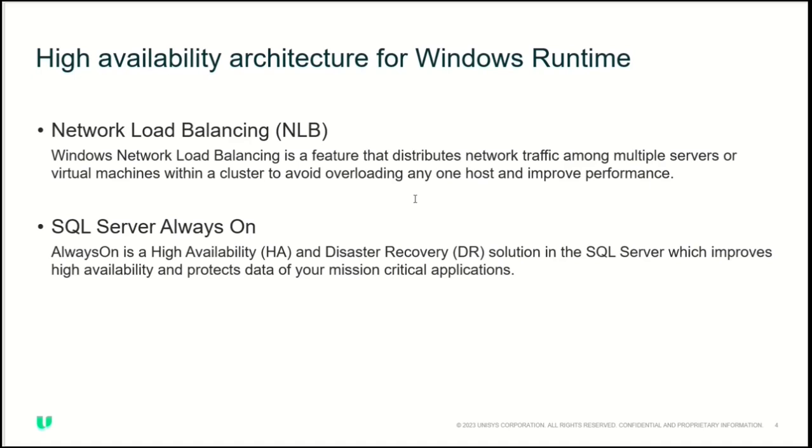First is Network Load Balancing, abbreviated as NLB. This is a Windows feature that distributes network traffic among multiple servers or virtual machines within a cluster. This helps in avoiding overloading to any one host and hence improve performance.